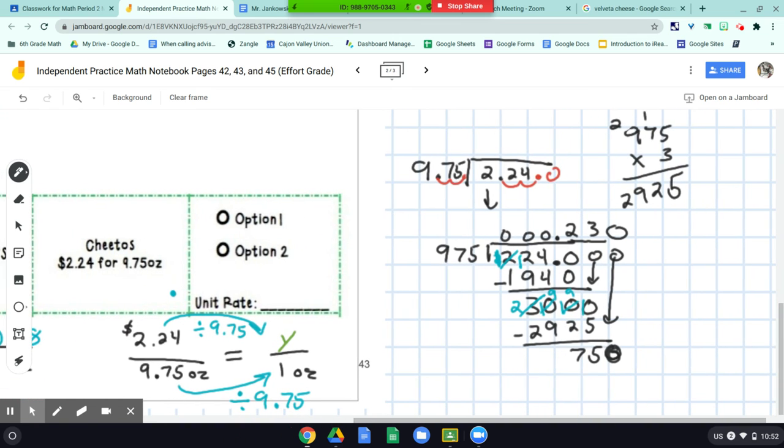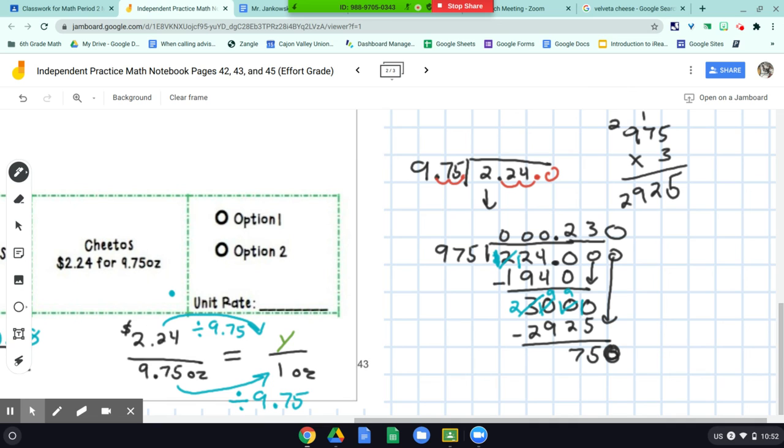I think I made a mistake somewhere along the line, though. This doesn't seem perfectly right, but we're pretty close. Let me get out my calculator, because sometimes if you get stuck and you're not sure where to go and you want to double check your answer, you can always take out a calculator. So I'm just going to type in 224 divided by 975, and I get, yeah, I made a mistake somewhere along the line.